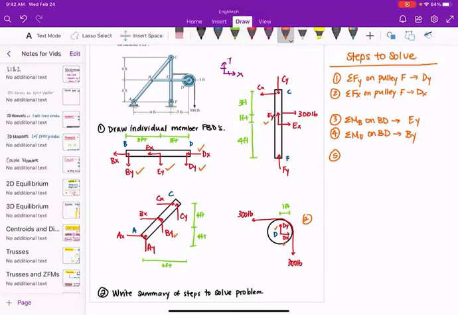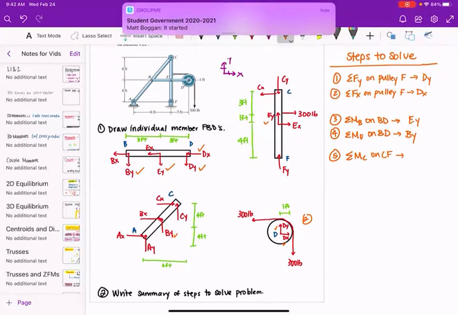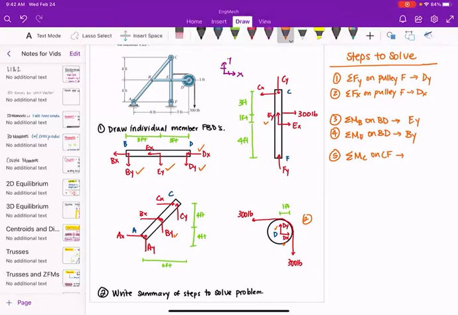So that leads me to get EX. And then same logic, I can do the sum of the moments about E on CF, and that will let me calculate CX. So now I have EX and CX, and then I have CX and EX.